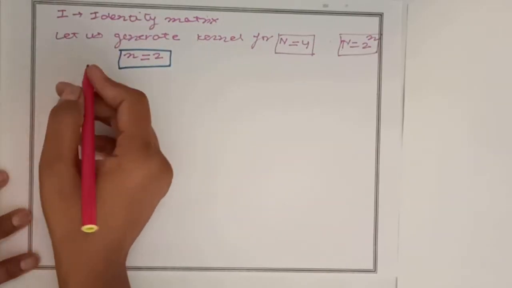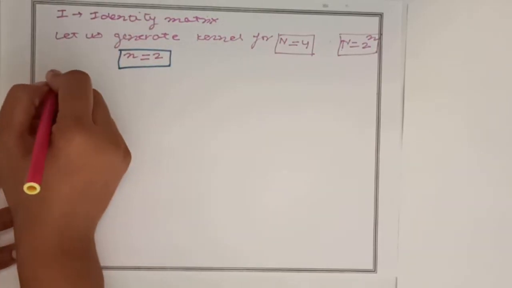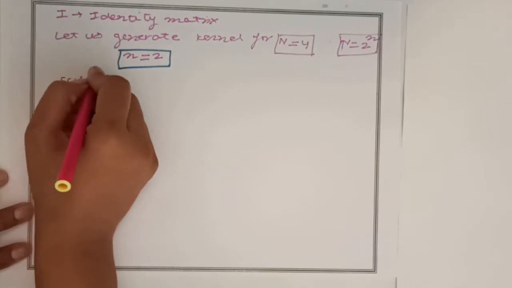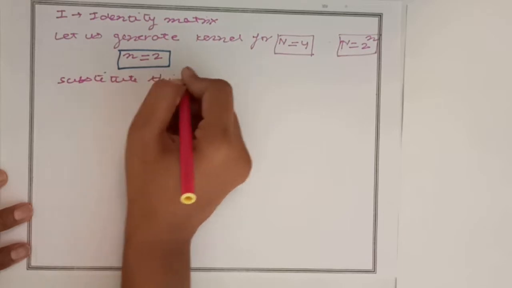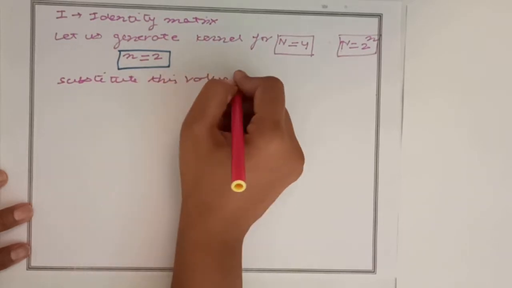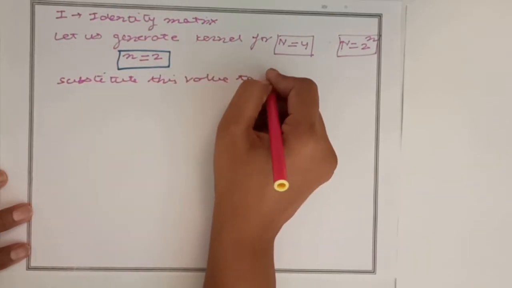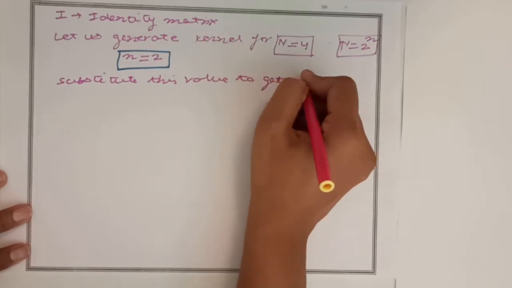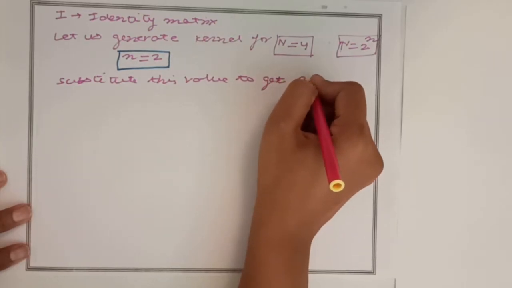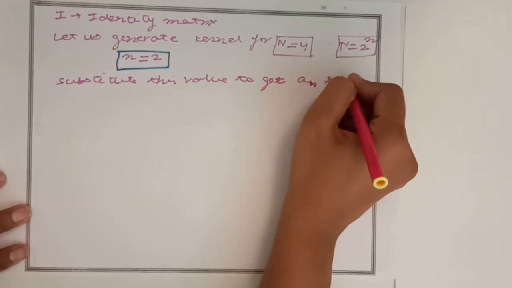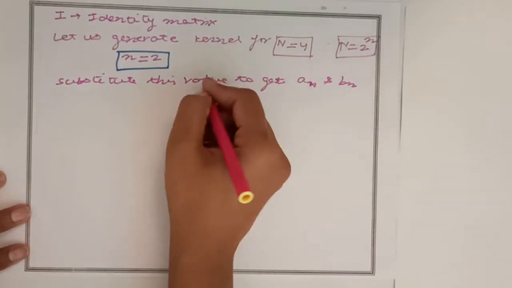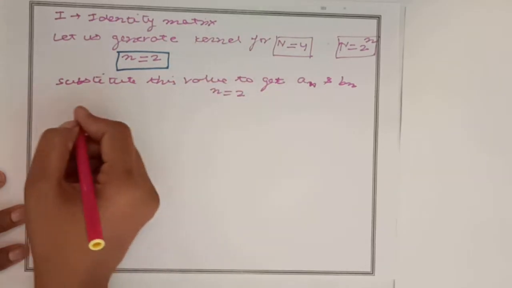Now substitute this value to get an and bn, where n is equal to 2.